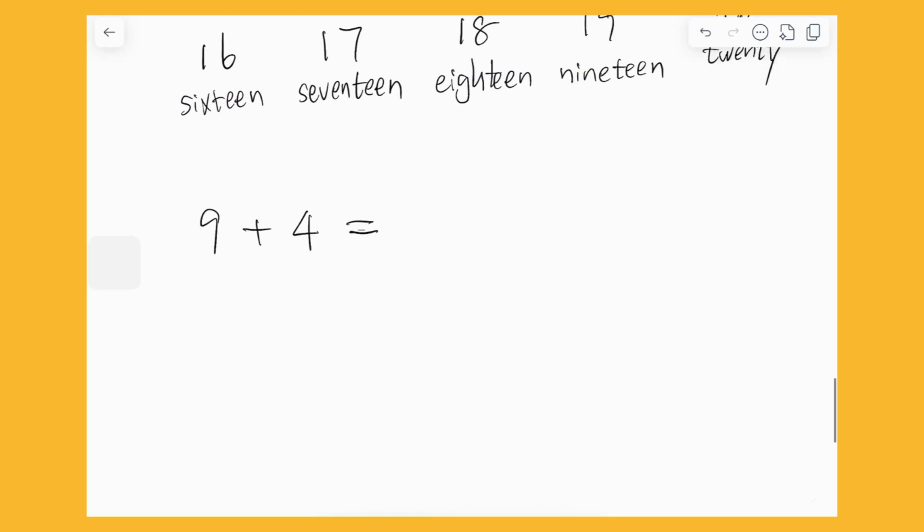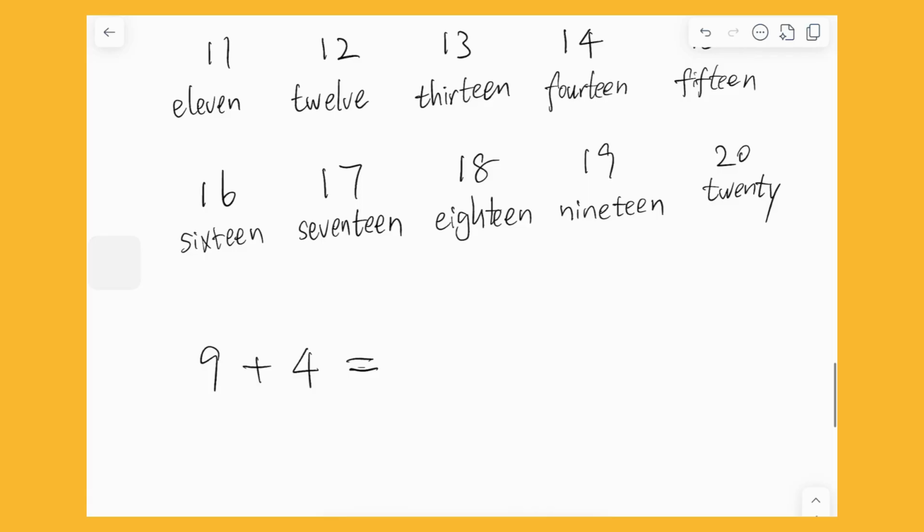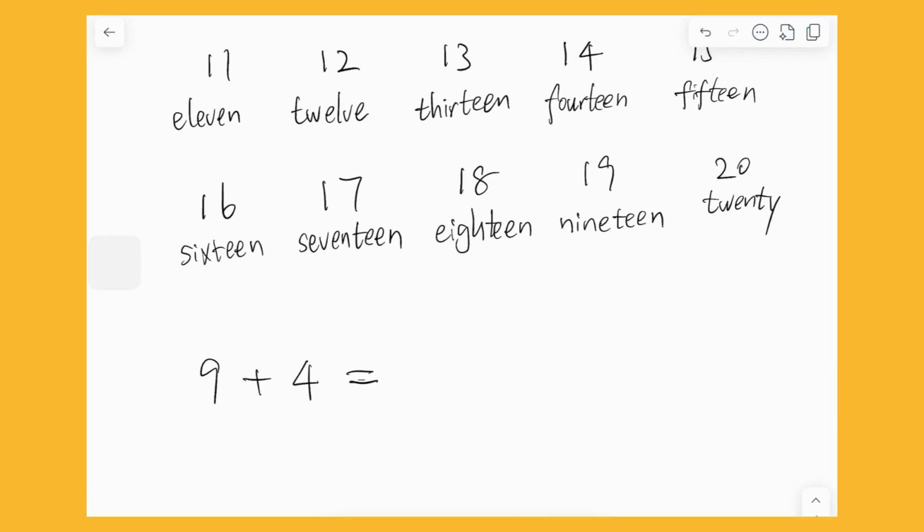Think about what we've learned. 9 plus 4. Let's count 4 numbers after 9. So 9, we got what? 10, 11, 12, 13. Right? So that's 13. Okay?